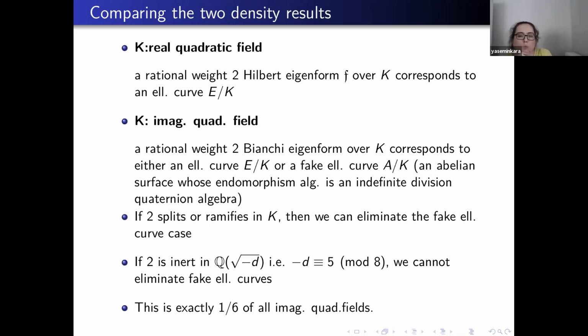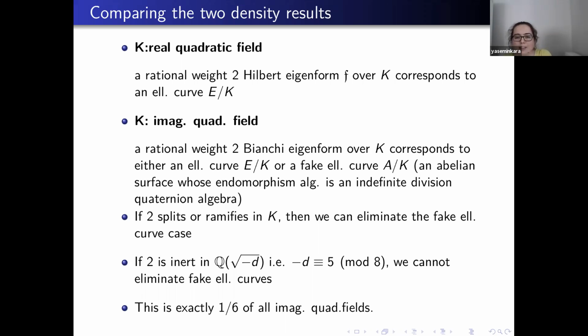So what happens for the imaginary quadratic number fields? You can show that if 2 splits or ramifies in K, then you can eliminate the fake elliptic curves. But if 2 is inert in your imaginary quadratic field, that is, if and only if -d is congruent to 5 mod 8, then unfortunately you cannot eliminate these fake elliptic curves.